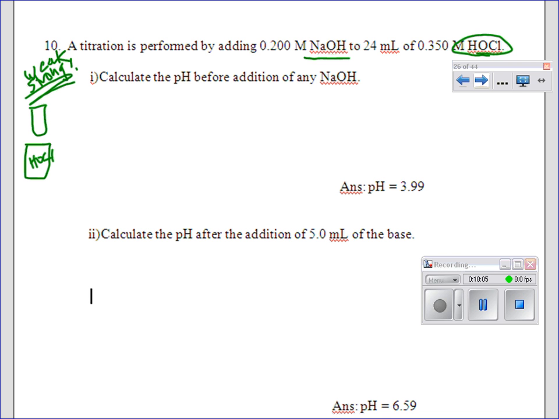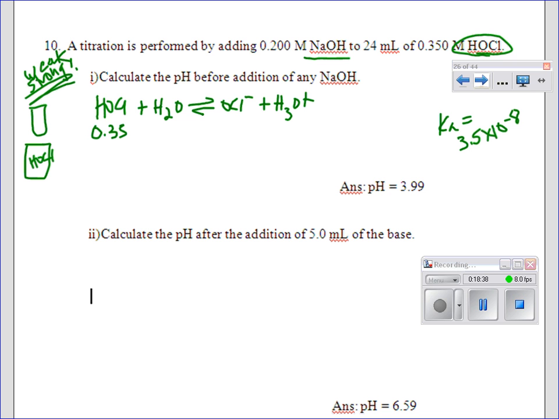So we're going to take the HOCl and add it to water in an ICE table. One piece of information you need is the Ka for this acid, which you're going to write about a billion times in this one problem, is 3.5 times 10 to the negative 8th. So HOCl makes the OCl- ion plus H3O+. Our original concentration, they told us, was 0.35 molar, then 0, 0.